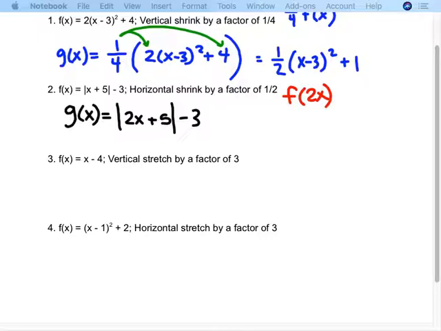See if you can come up with an equation, a new one for both. That makes sense now. Okay.